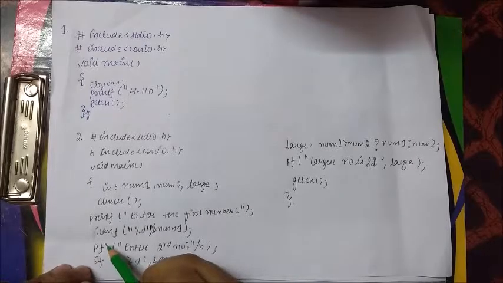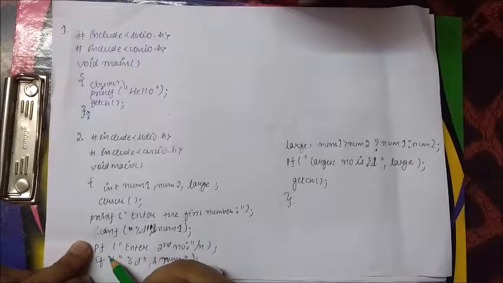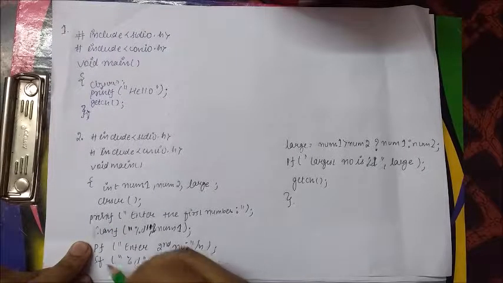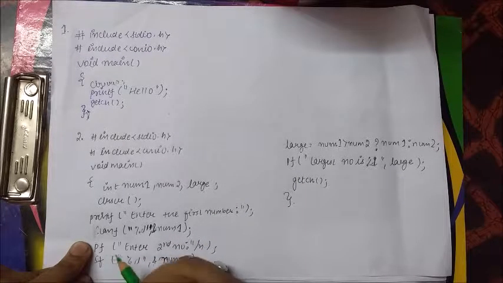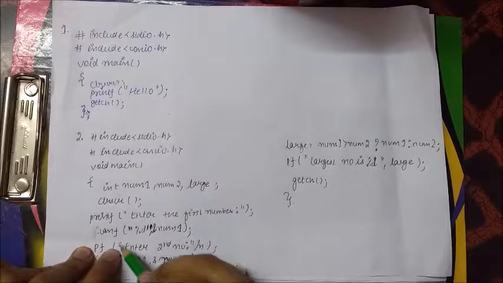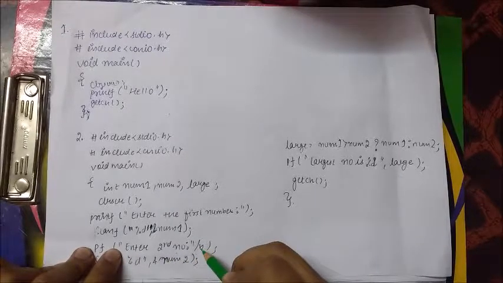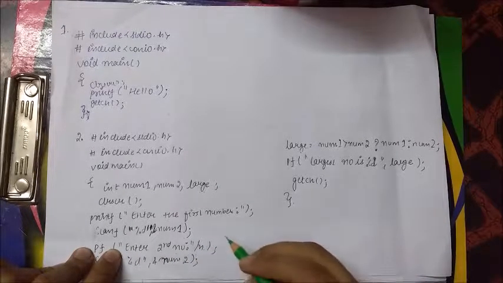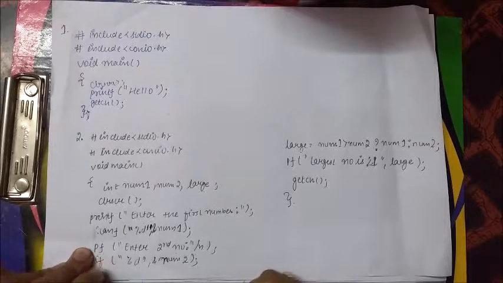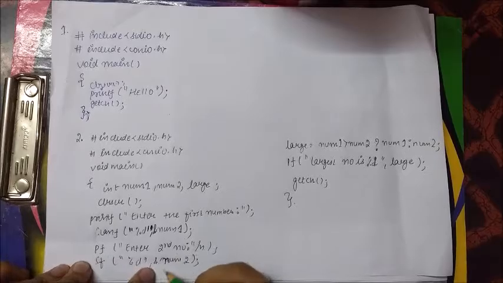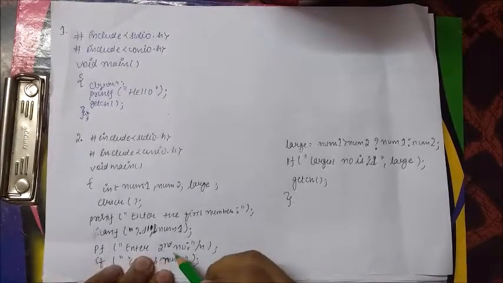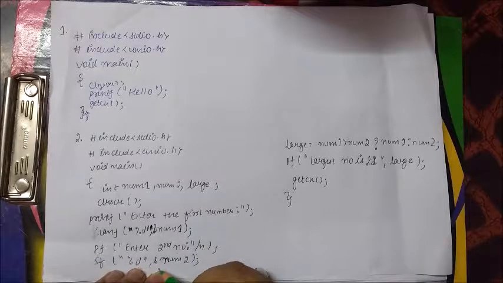Now we can write printf as pf for convenience, but not in the program on the computer. Enter second number \n, which we have used so that it moves to the next line. Scanf %d in quotes, comma and &num2, so that the value of the second number is stored at the address of num2.